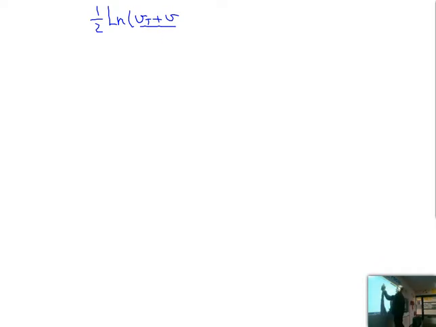Let's keep going. Now that integral, what will that become? We've got half of the natural log, good, and let's do it in 2 steps. So the first term, yep, the first term gave us that.